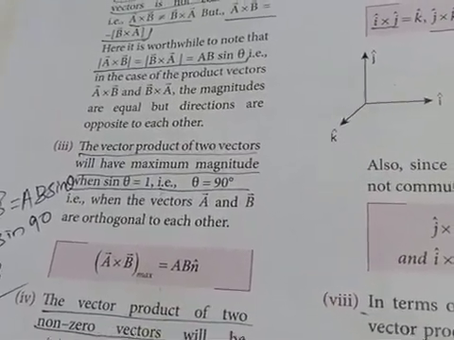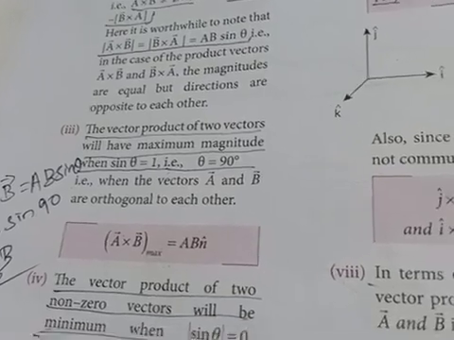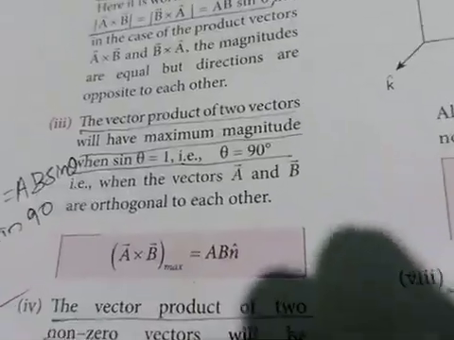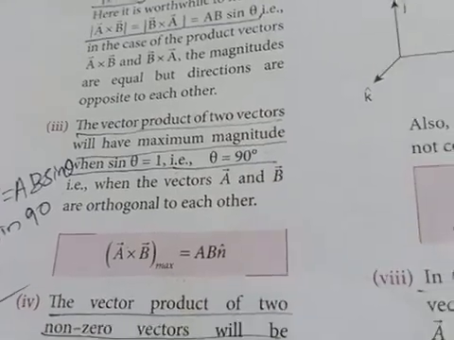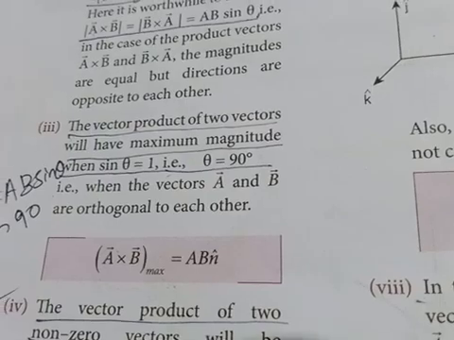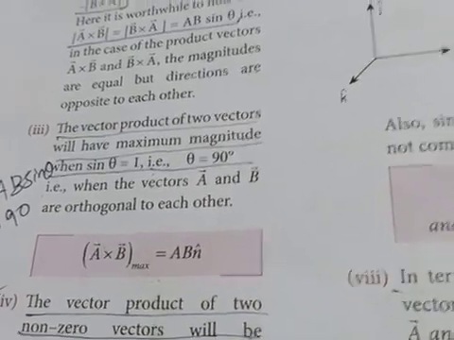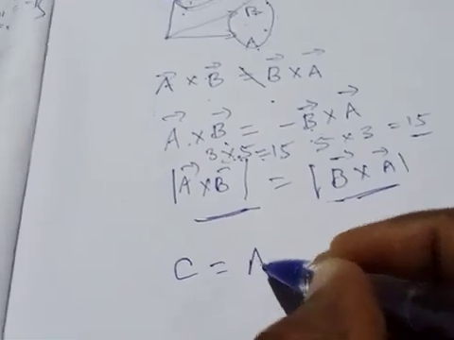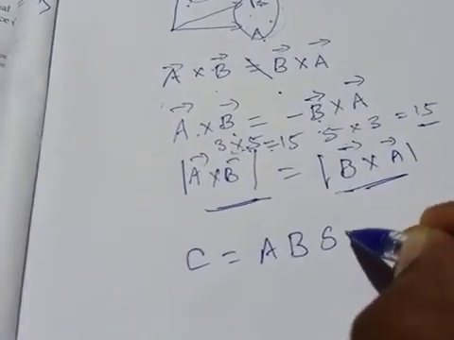Now you can see the third property. The vector product of two vectors will have maximum magnitude when sin theta is equal to 1, that is, when theta is 90 degrees. We know that C is equal to AB sin theta.